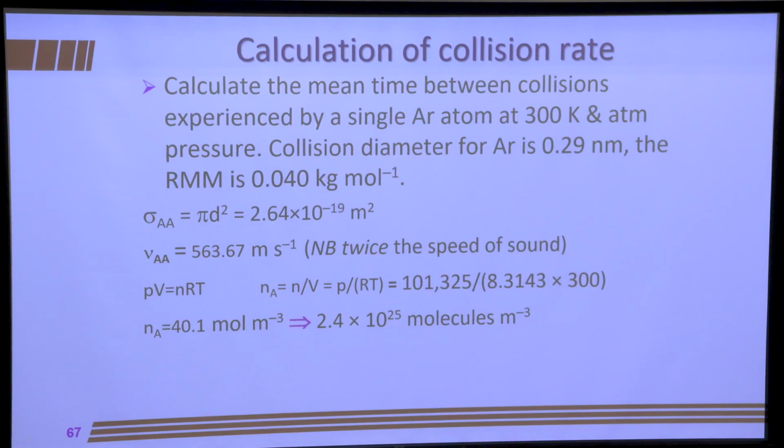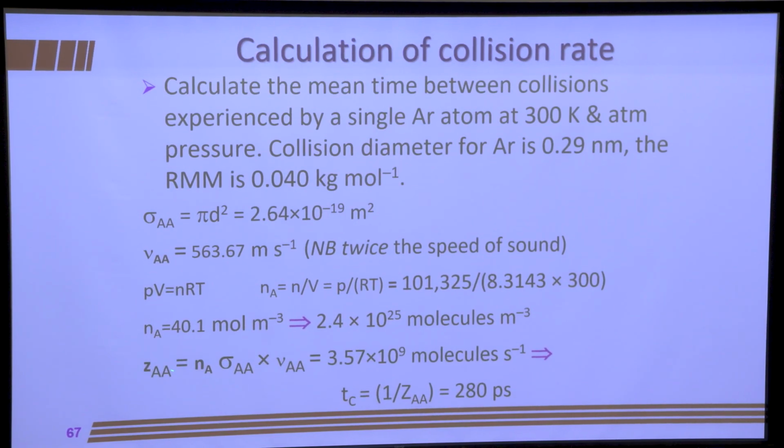So the collision frequency is equal to N_A times sigma AA times nu AA. That comes out to be 3.57 times 10 to the 9 per second. So this is the collision frequency.